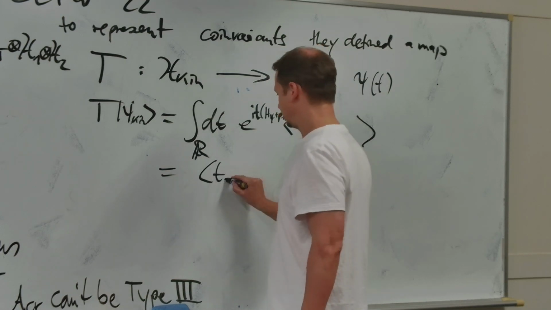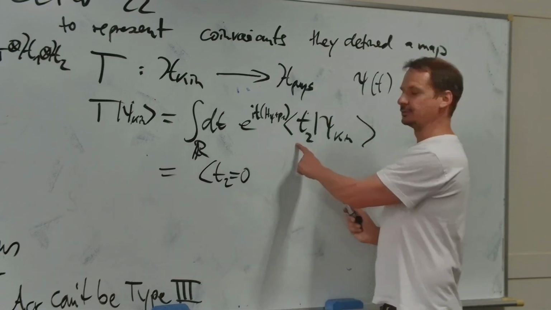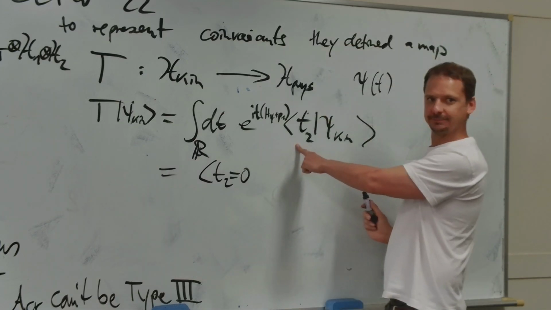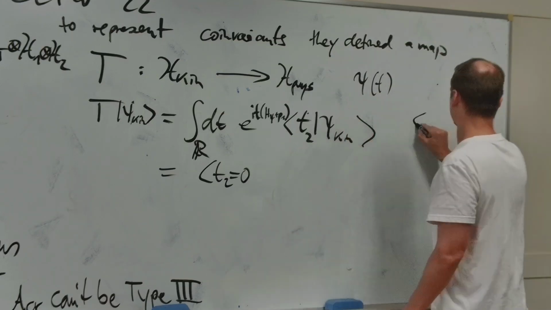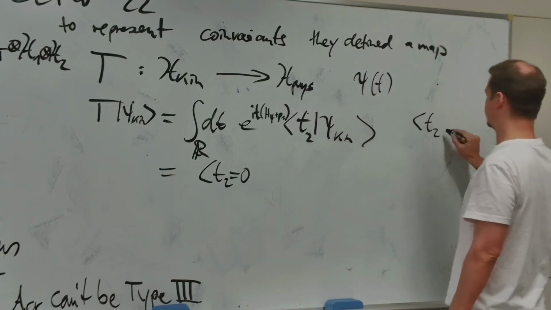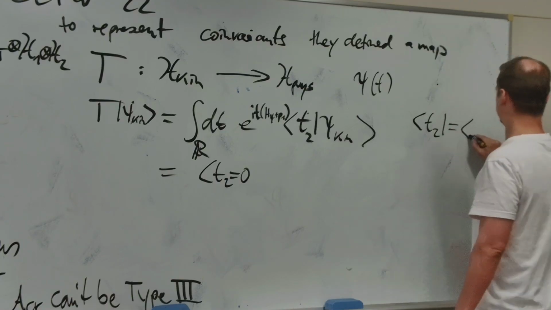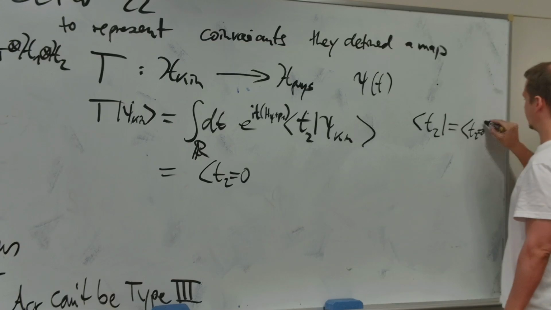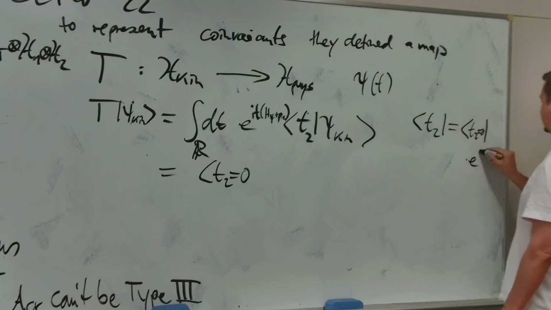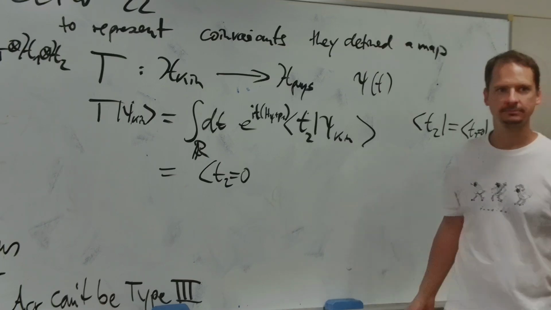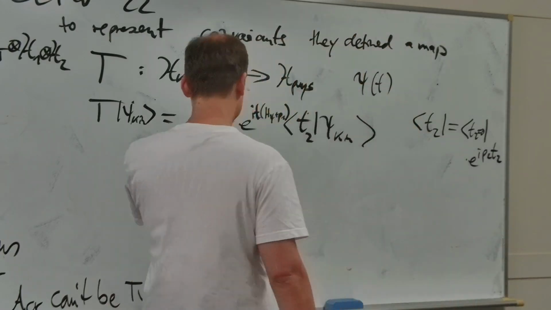So it's T2 equals 0, so I can use the covariance of these clock states now. So I'm just going to use that T2 is going to be P2 equals 0, then e to the i P2 T2. So that's just the covariance of these clock states.